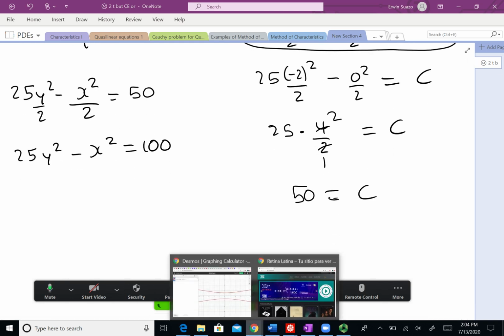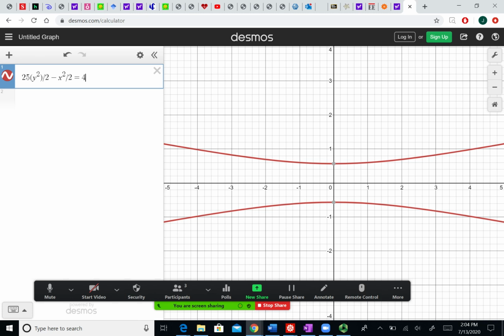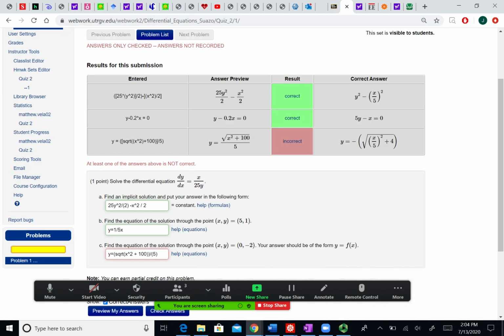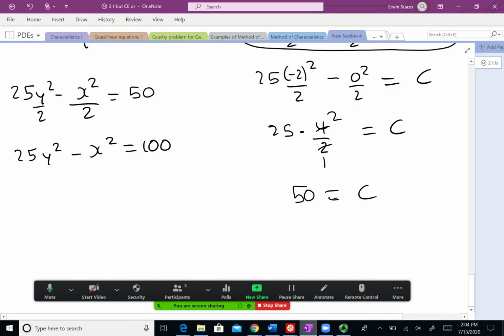And the problem is asking me to find the equation of the solution through the point. Your answer should be y equals f of x. So they want us to solve for y. So I'm going to do 25y squared equals 100 plus x squared.